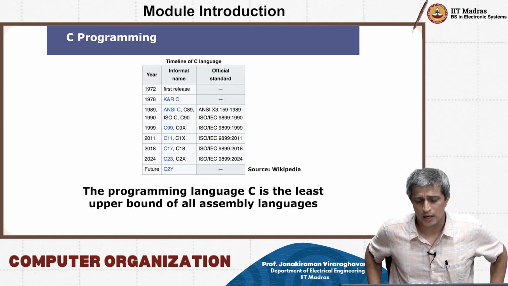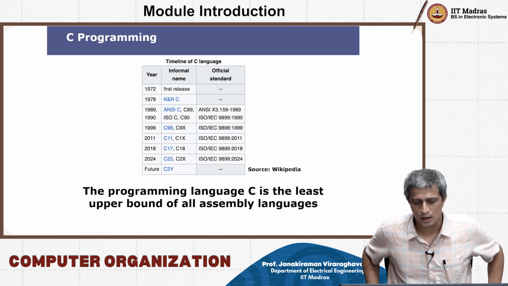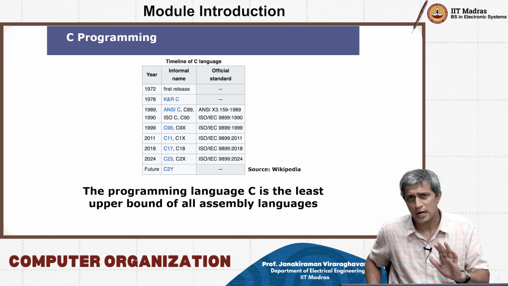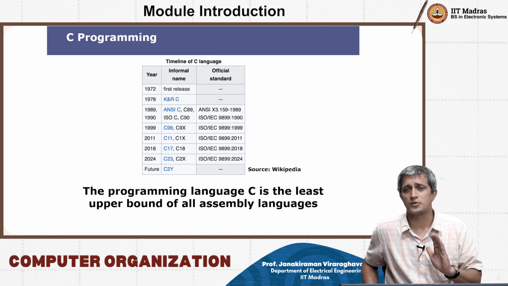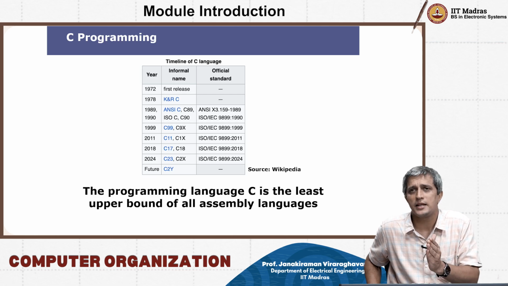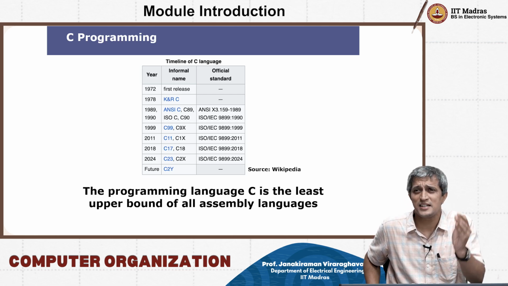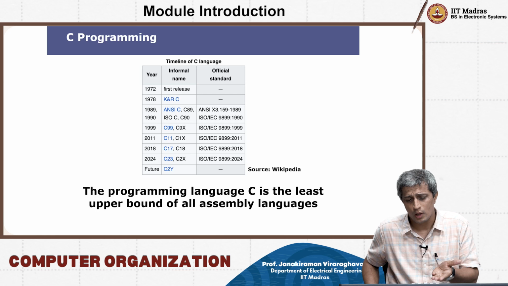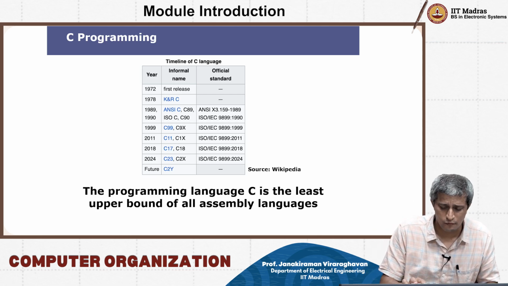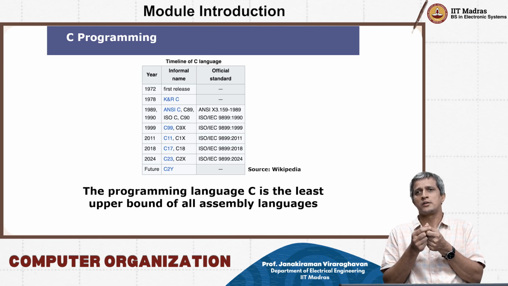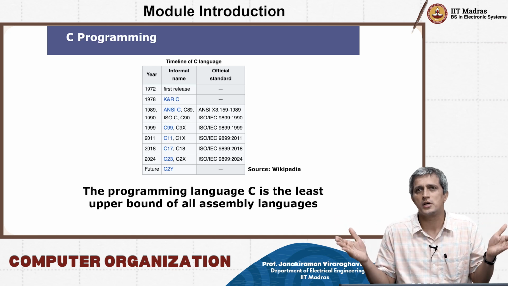Just an interesting point here, the C programming language was first released in 1972. I think it was called A and B and then it was called C eventually. You look at the timeline of this programming language. This is basically the modifications and the changes that have happened to C since its first release in 1972. Up to 2024, there have been about 6 or 7 changes in a span of how many decades? We are talking of 40 years, 4 decades.